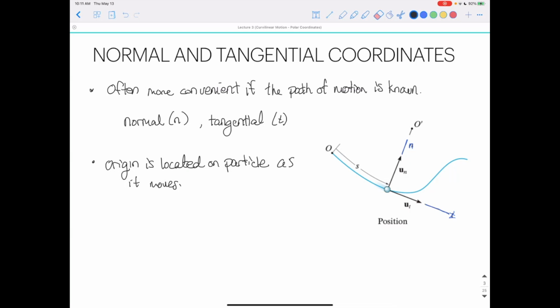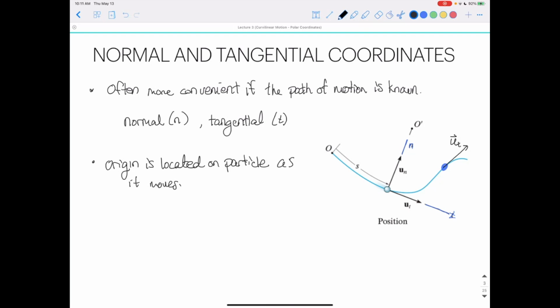So for example, if after some time our particle moves over here, our tangential component, ut, would be here, and this would be a vector. And at this point, it looks like the curvature changes and we start curving downwards again. That normal component of our coordinate system is always going to point towards the inside of the curvature.